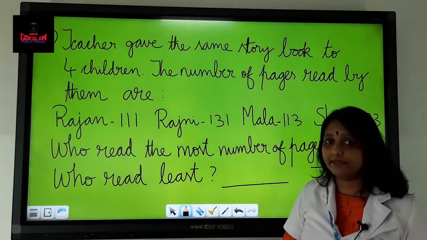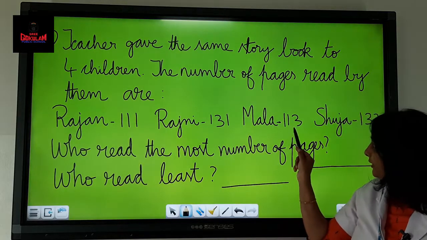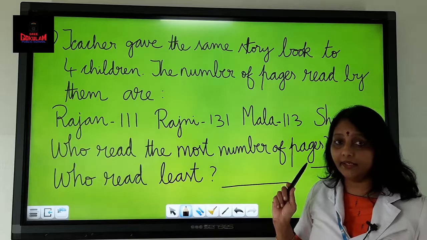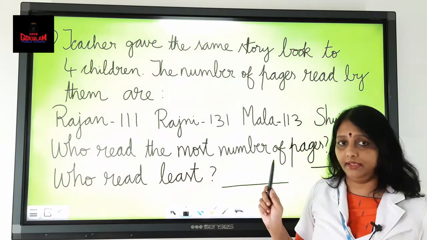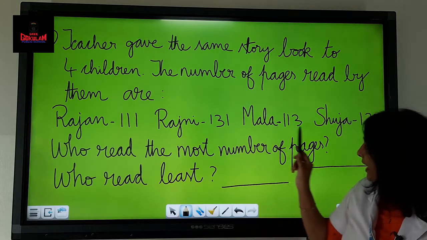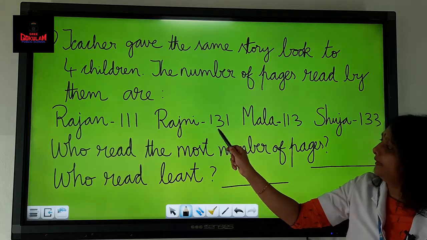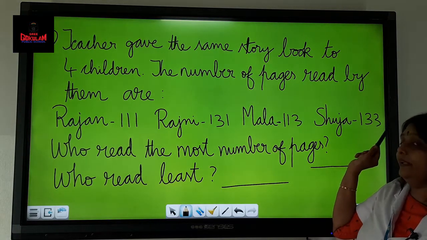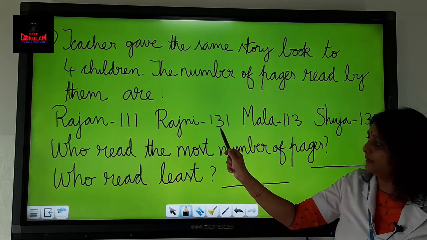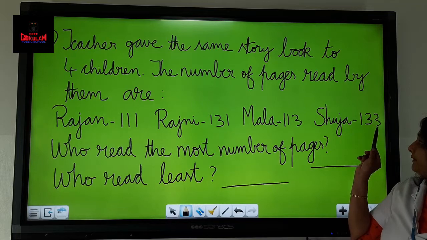Look at the tens place number. Here it is 1, 3, 1, 3. Comparing 1 and 3, which is the greatest? 3. So, 131 and 133 we will take. In hundreds place you see 1 here, tens place you see 3. Here also hundreds place 1, tens place 3.